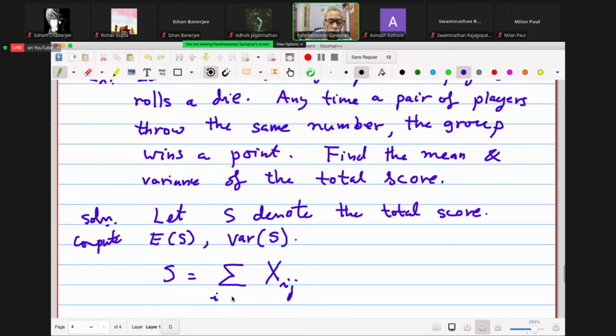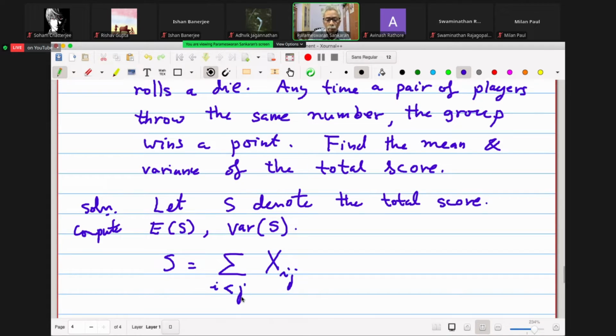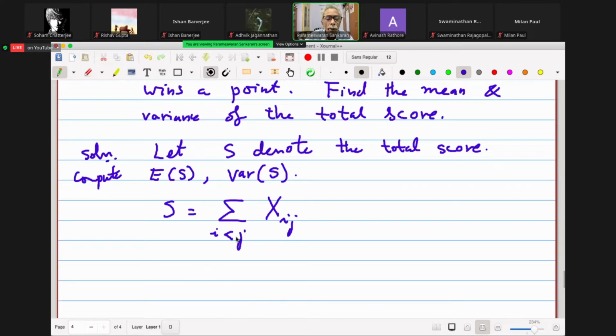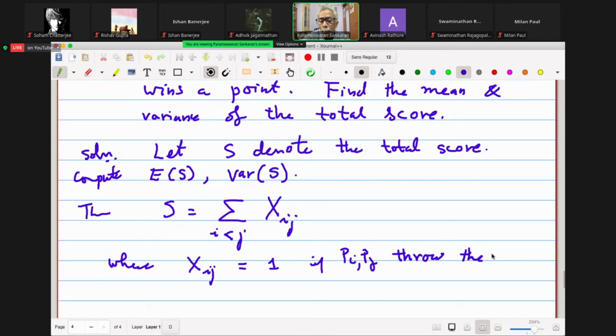Here you need only sum over i less than j, where Xij is equal to 1 if the ith and jth players, let me denote the players by P1, P2, Pi and Pj, throw the same number.